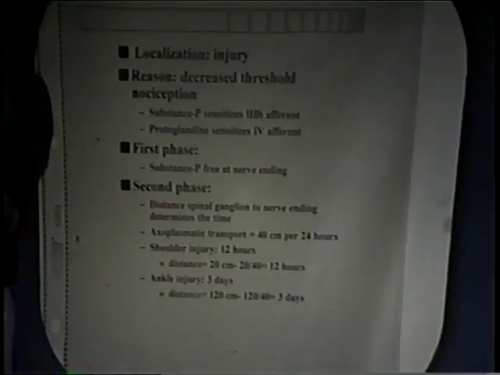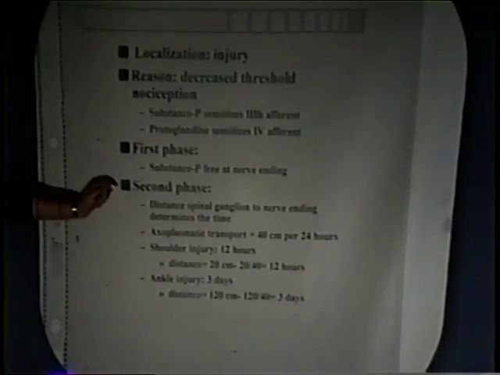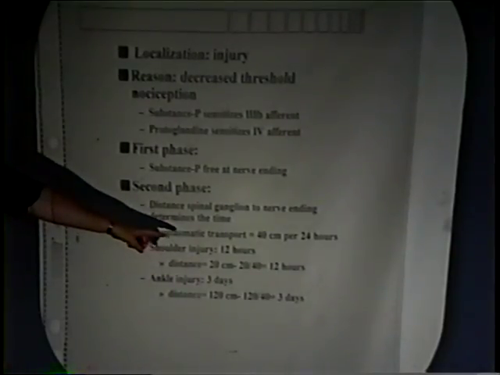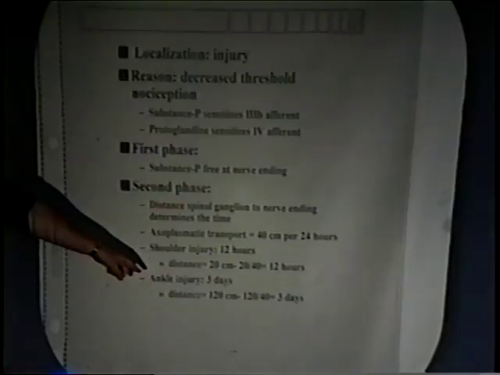We're not talking about the big chunk that comes in. The shoulder injury is 12 hours. The distance is 20 centimeters from the spinal ganglion. 20 divided by 40 is 12 hours. That's half a day. The ankle injury will take 3 days.